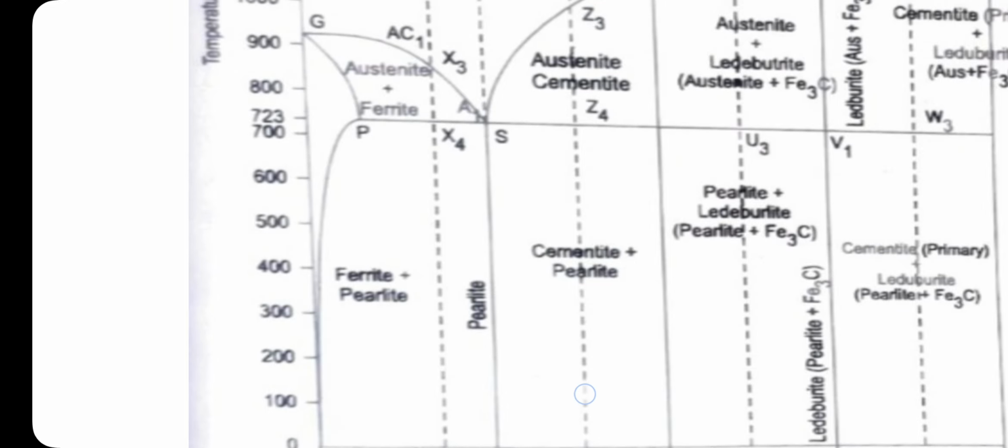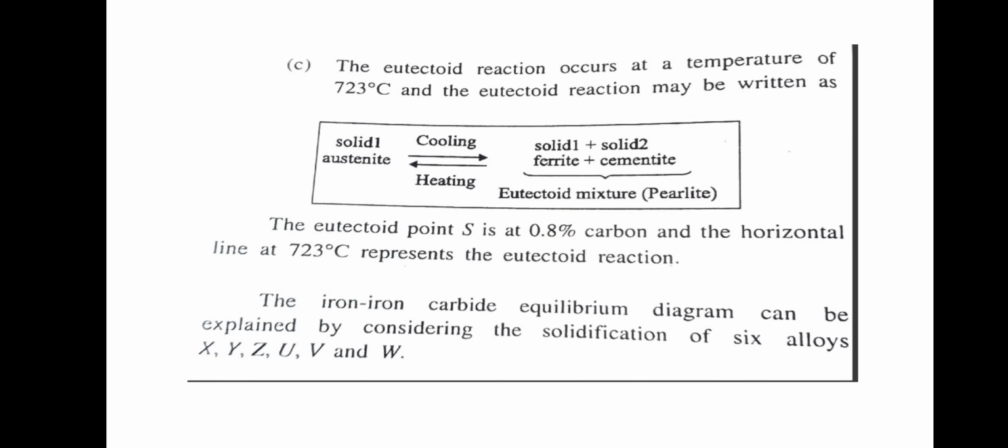So one solid becomes two solids in the eutectoid reaction. In the eutectic reaction, one liquid becomes two solids. In the peritectic reaction, one liquid plus one solid becomes one solid upon cooling.